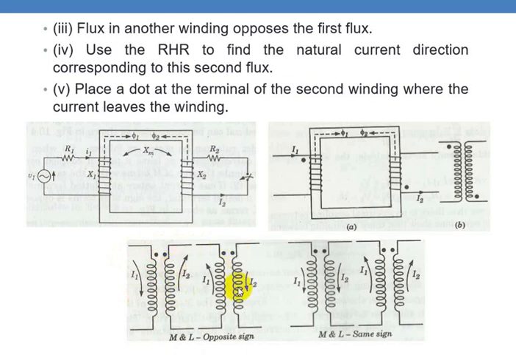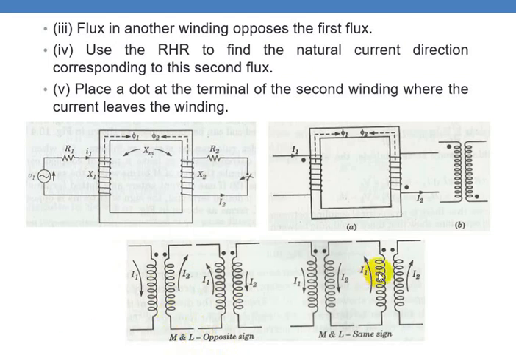In the other case it is reversed: I2 is entering the dot and I1 is leaving the dot. If this is the case, the polarities of the mutual inductance voltage and the self-inductance voltage will be opposite. So if the self-inductance voltage has a positive sign, the mutual inductance voltage will have a negative sign.